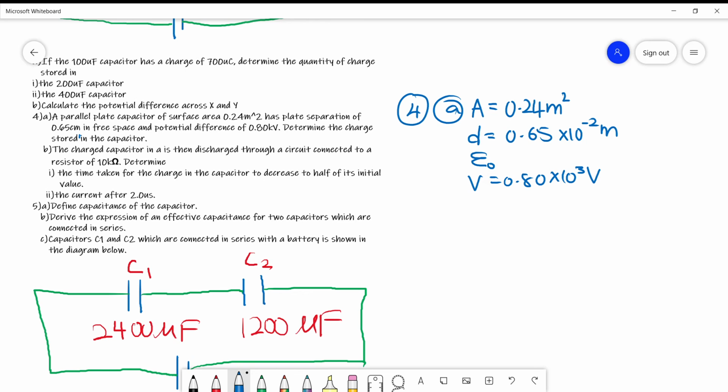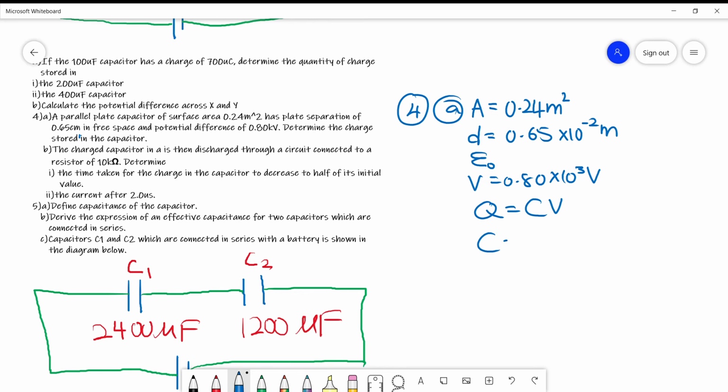So the charge stored in the capacitor. What we need to do is apply the formula Q is equal to CV. The problem is we do not have the capacitance, so we need to find the capacitance of the capacitor using the information given.